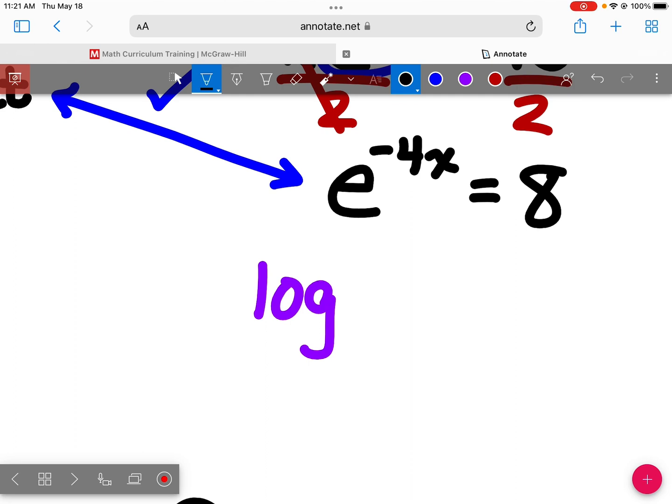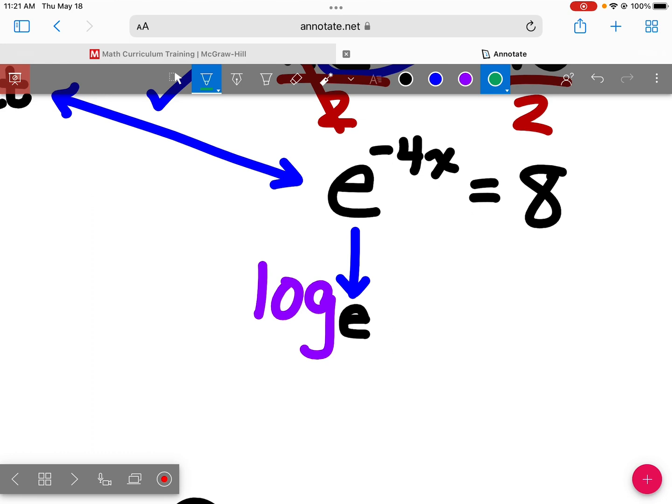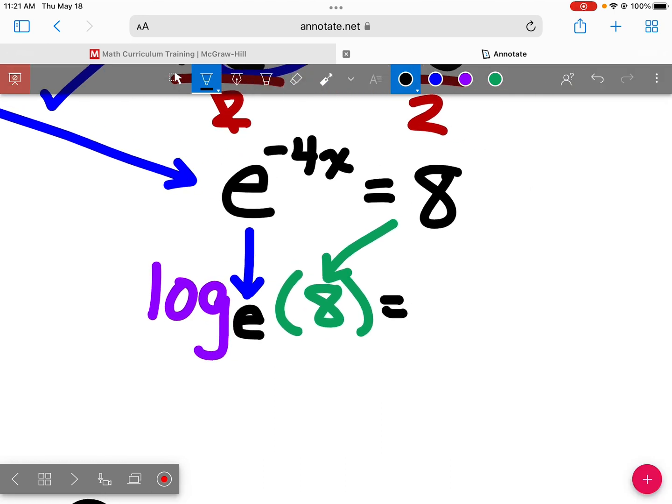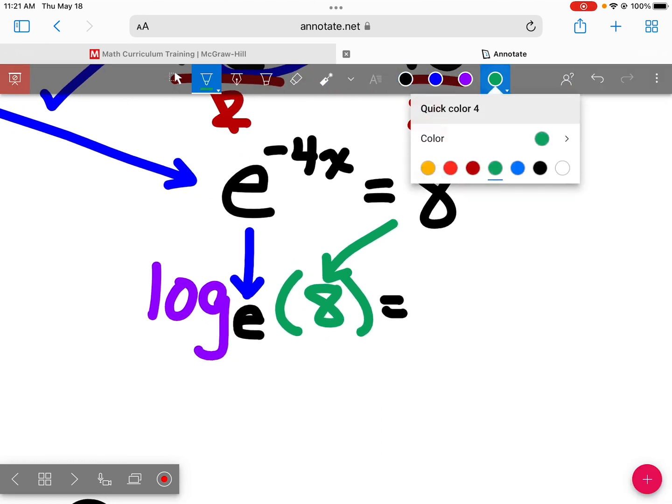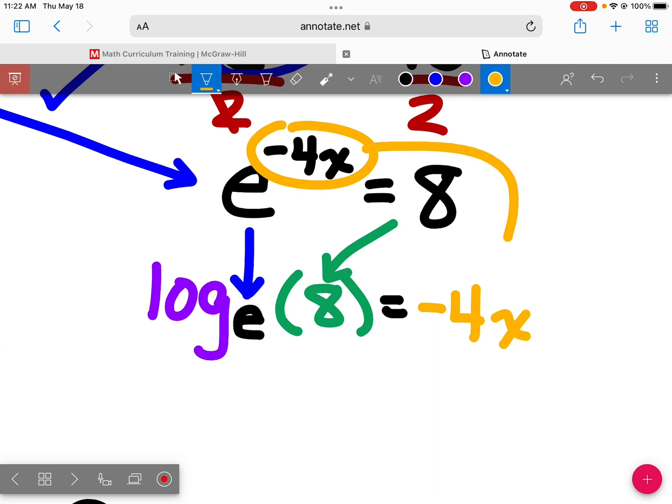The E, the base. My base comes next. What comes after the base? The 8, the argument comes next. And then equals what? Negative 4x. The exponent comes down here.